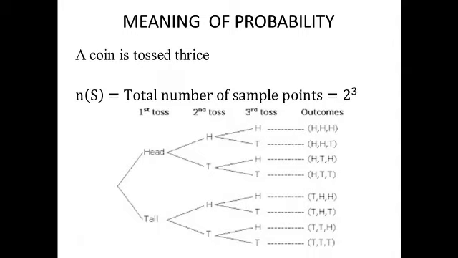So, if a coin is tossed 4 times, then n(S) will be 2 power 4. Likewise, if a coin is tossed 10 times, then n(S) will be equal to 2 power 10. Now, in that case, it is impossible to draw the tree structure. And that's where we use binomial distribution.